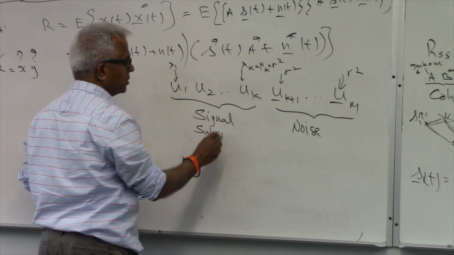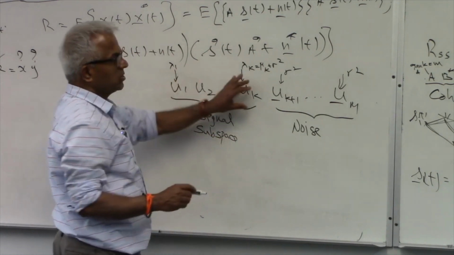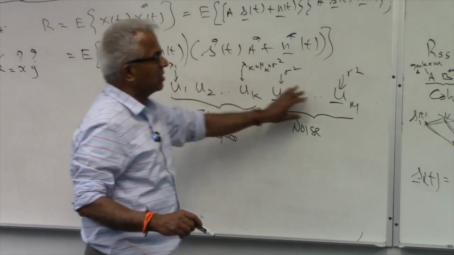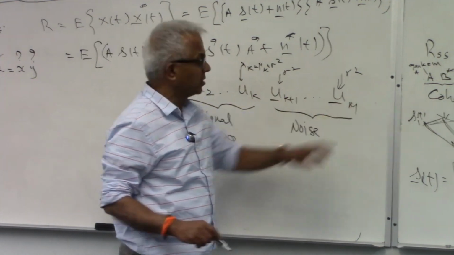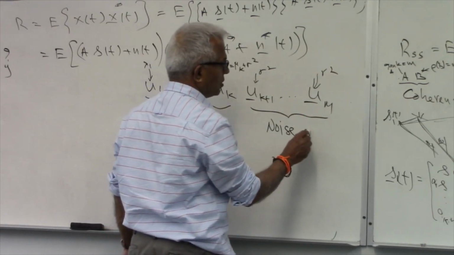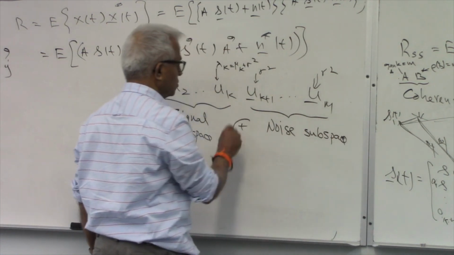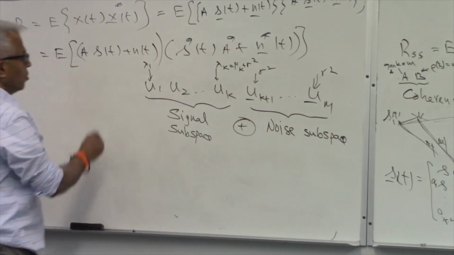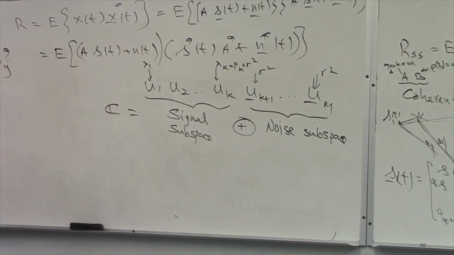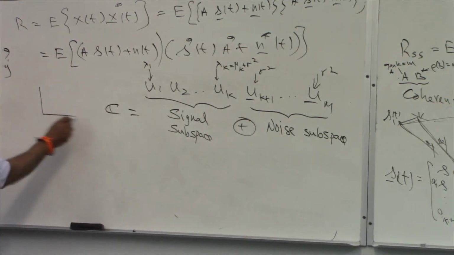It makes sense because these vectors definitely correspond to the noise covariance matrix, so we can call it the noise subspace. The complement of that should be the signal subspace. So the whole space we are decomposing in this form.